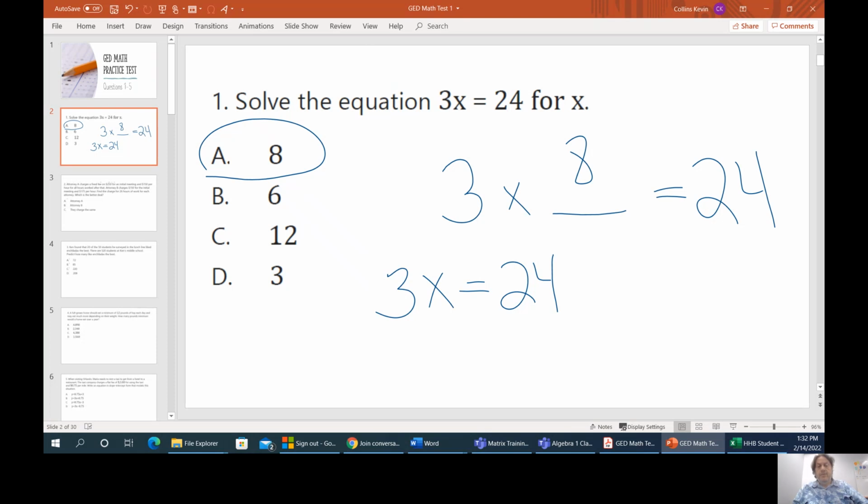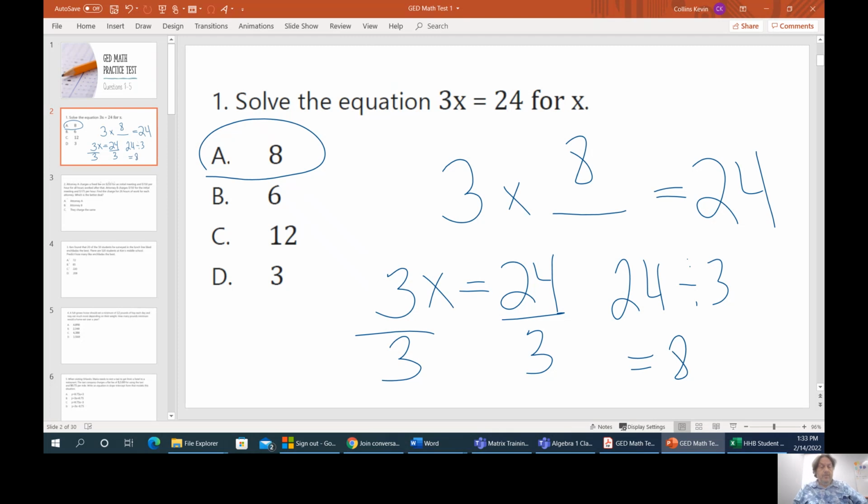Then you divide by the number in front of the x. A fraction is just a fancy version of a division problem, so 24 over 3 is really the same as 24 divided by 3, and 24 divided by 3 is 8.